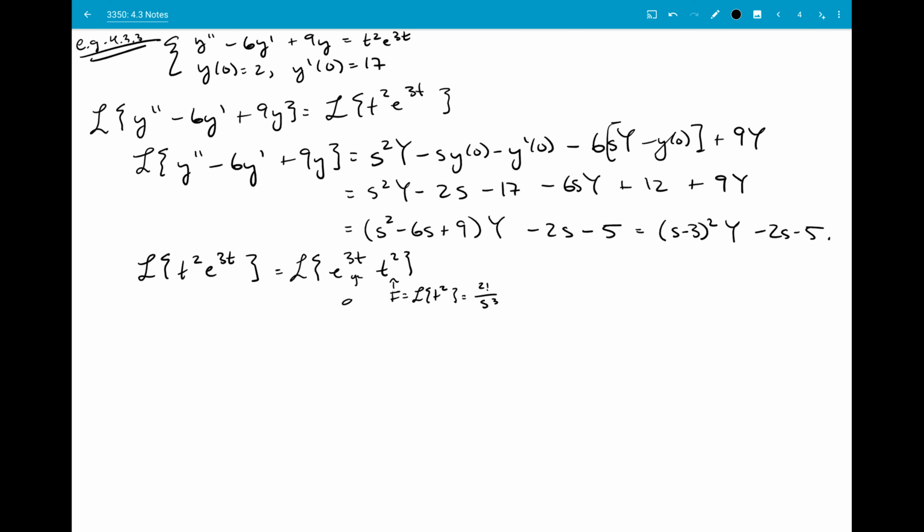I'll put a equals 3 a little further down too. We know that L of e to the at f of t is capital F of s minus a, but our a is 3 and our capital F is 2 over s cubed. So this is just going to give us 2 over s minus 3 cubed.